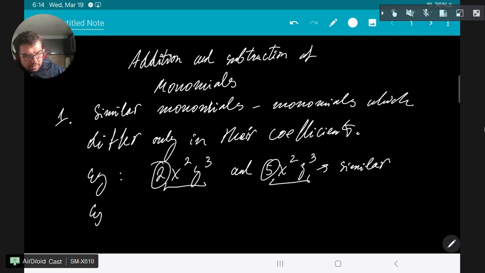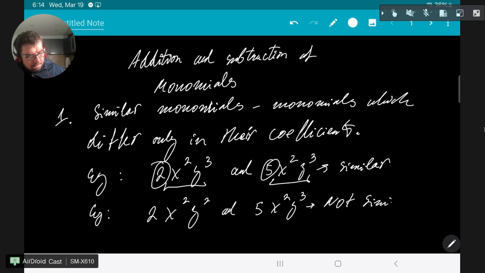If I have, for example, 2x to the power of 2y to the power of 2 and 5x to the power of 2y to the power of 3, not similar, because they differ in the power of one of the variables. So if there's any other difference apart from the coefficient, they're not similar.